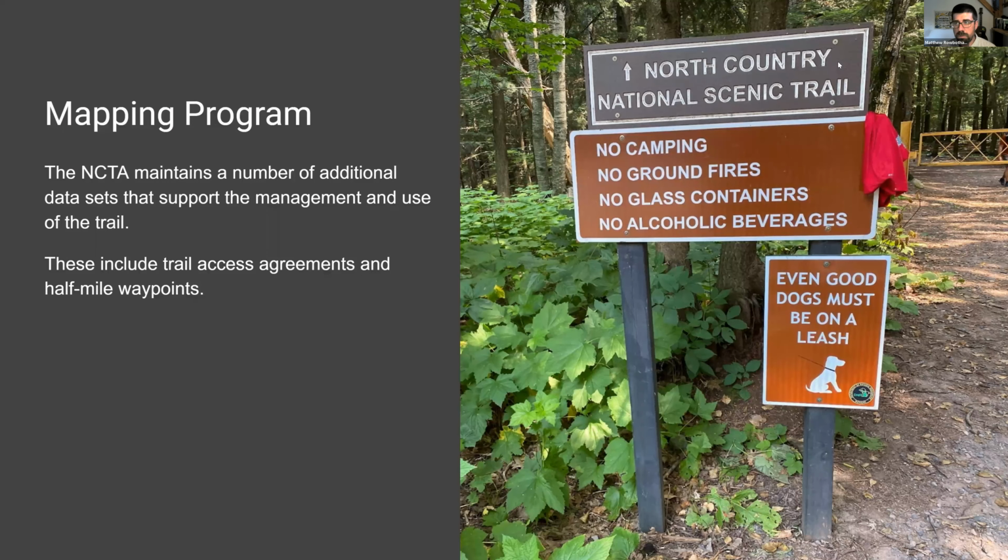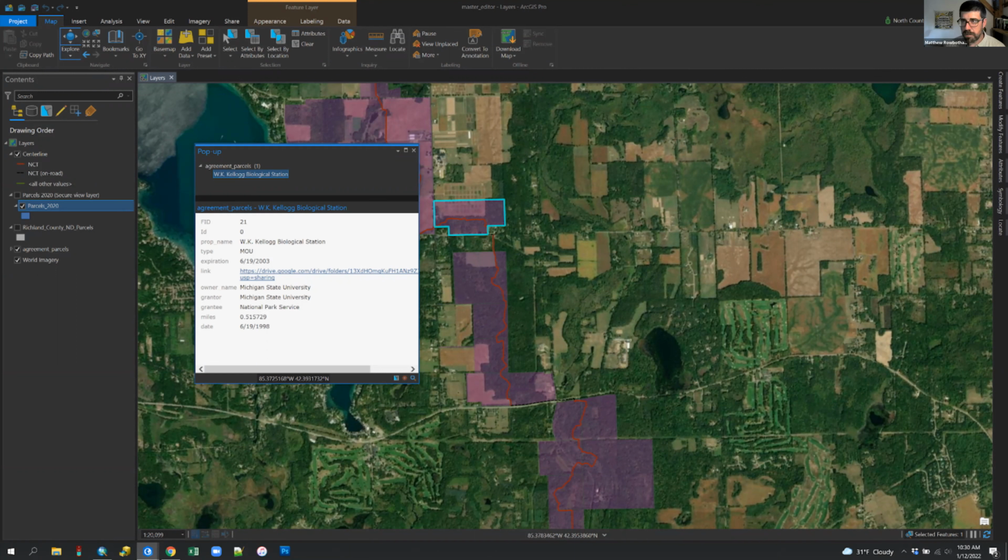So our trail access agreements, this is down by Kalamazoo, Michigan, or Battle Creek, Michigan, actually. Basically these purplish pink parcels are the county tax parcels. So each of these are either individual landowners or a landowner that owns a number of parcels.